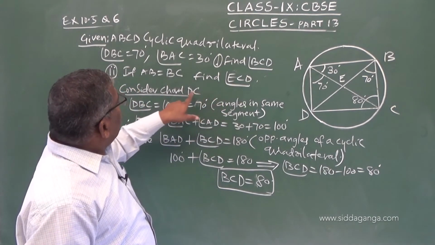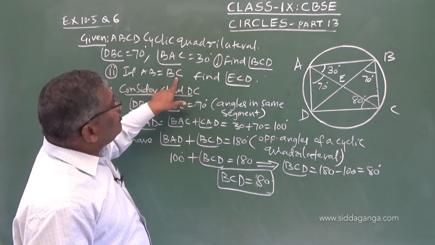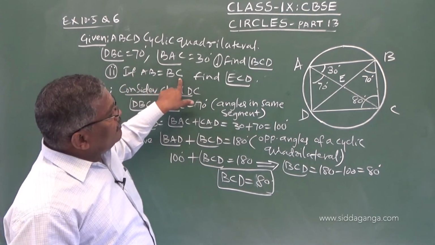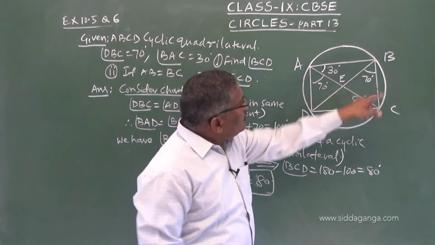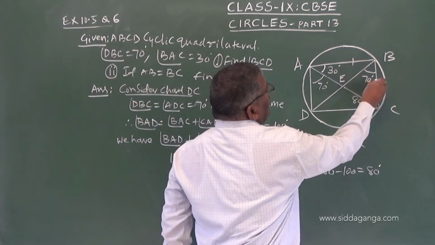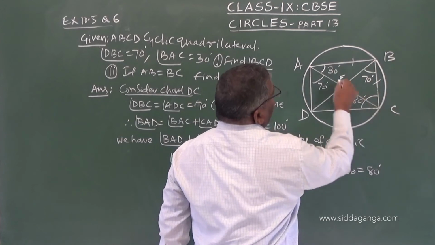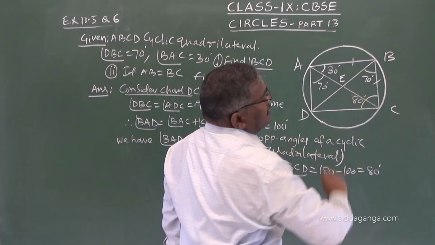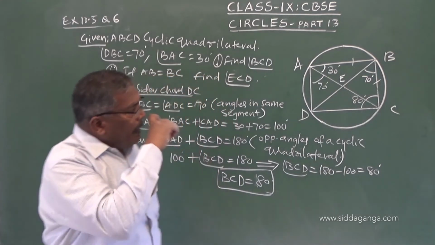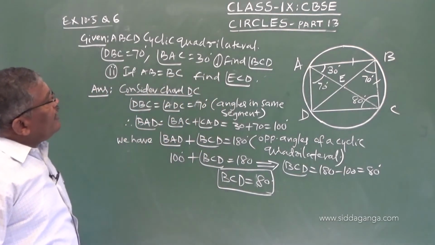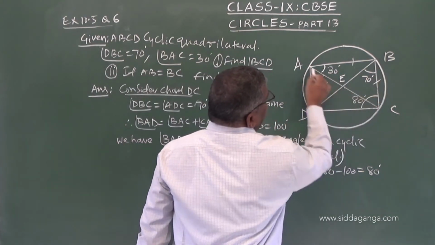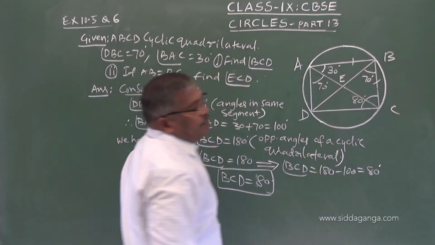Now, here you can see AB equals BC. If AB equals BC, observe here in this triangle ABC, these two angles must be equal. Therefore, it is 30 degree. That's all. So, we have to find ACD. ECD is same as ACD.